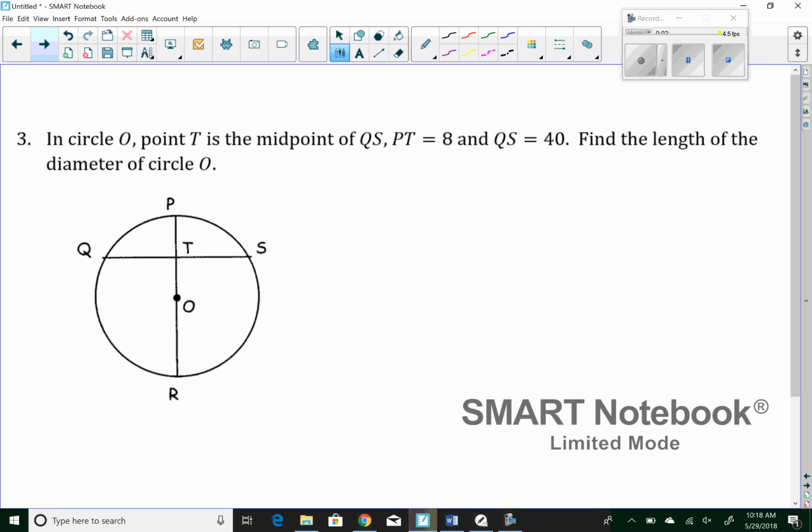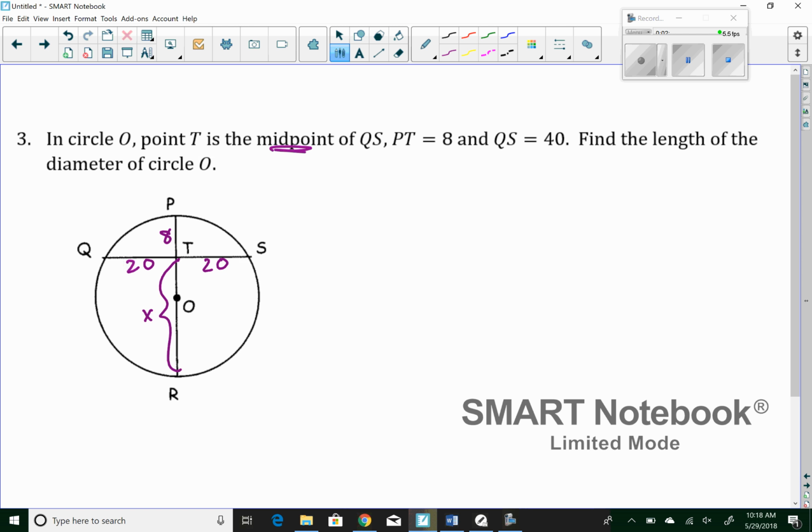Number 3 gives us intersecting chords again, but this time it tells us that T is the midpoint of QS. It tells us that PT is 8. It then says QS is 40, meaning QT is 20 and TS is 20, because it got bisected by the midpoint. It says to find the length of the diameter, so I can find TR.